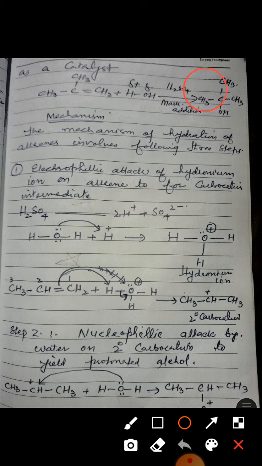This is also Markovnikov's addition. This is also an example of Markovnikov's addition. Here the hydrogen of the water or hydrogen of the mineral acid goes to the carbon atom having more hydrogen atoms.